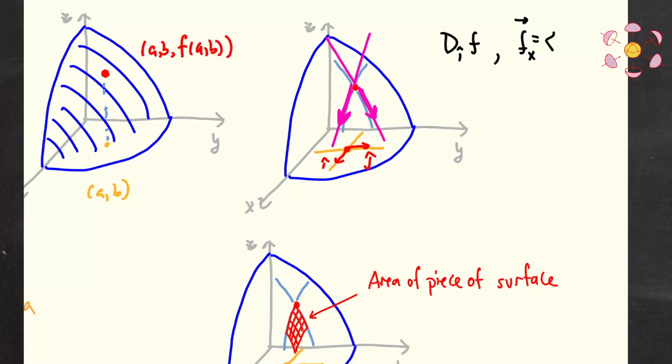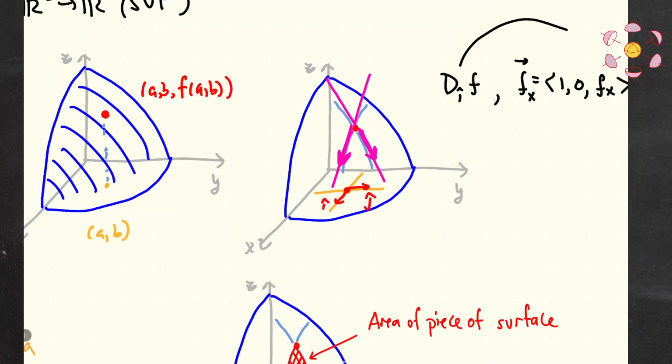What that is, is an arrow where we've got 1, 0, and then f_x in the z coordinate. Okay, and notice that those are exactly the same. All right, the directional derivative in the j hat direction is the rate of change of z. Basically, if you imagine a triangle, the change in z as I walk in the i direction is computed with our directional derivative.